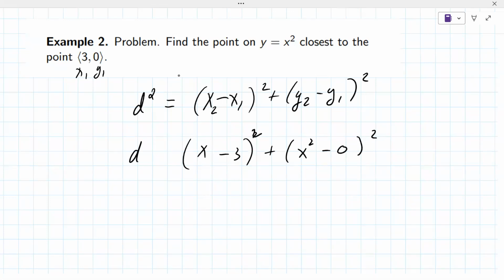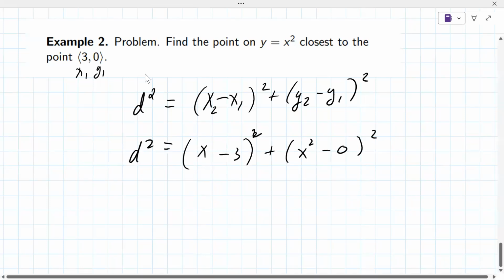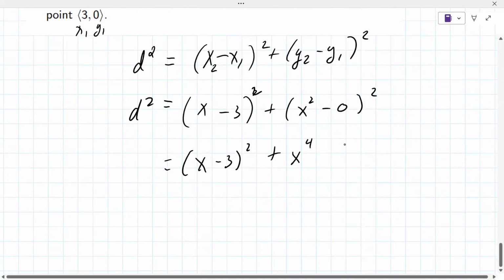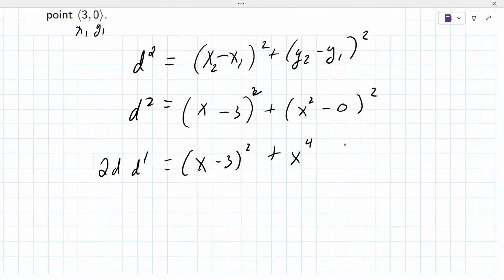So to do a problem like this one, you don't expand, although the one on the right here you could simplify. So your derivative on the left is 2d d prime, which doesn't really matter. But on the right here, it's 2 times (x minus 3) plus 4x cubed, and you set that equal to 0.